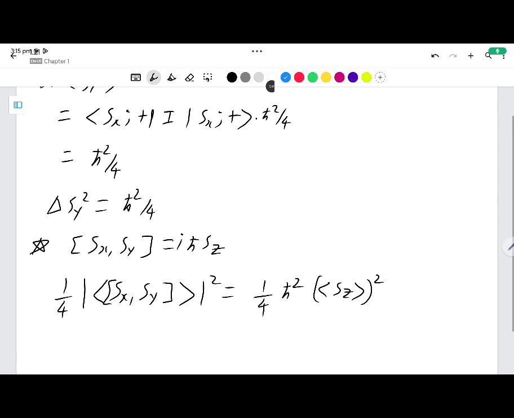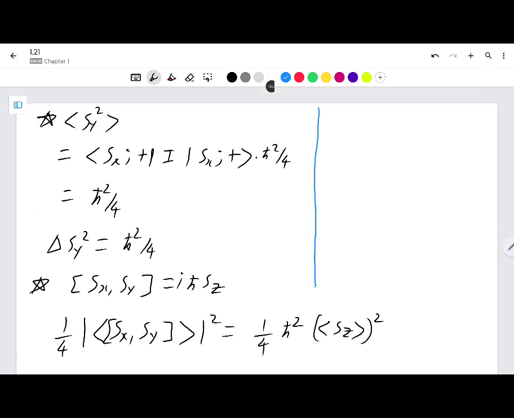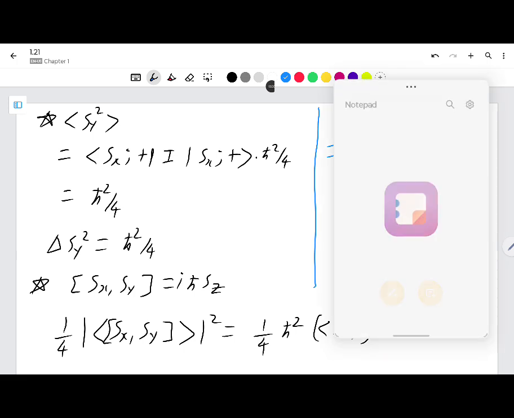So we can calculate the Sz. That is plus Sz plus.